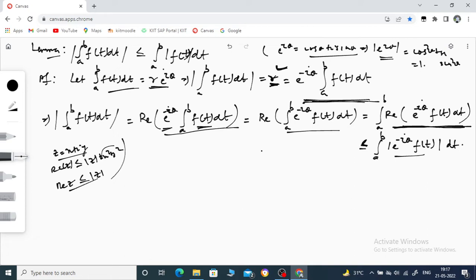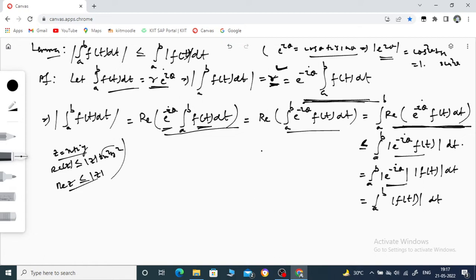So then what we can write, modulus of this one is equal to integration from a to b of modulus of e to the power minus i theta times modulus of f of t, then dt, and modulus of e to the power i theta is 1. So we can write this thing is integration from a to b of modulus of f of t dt.